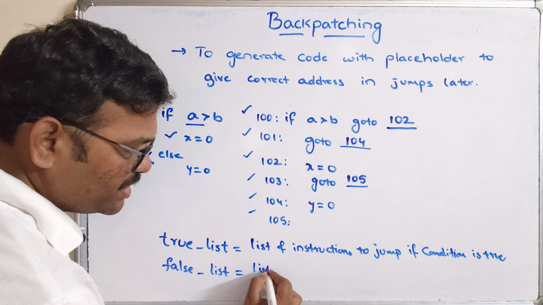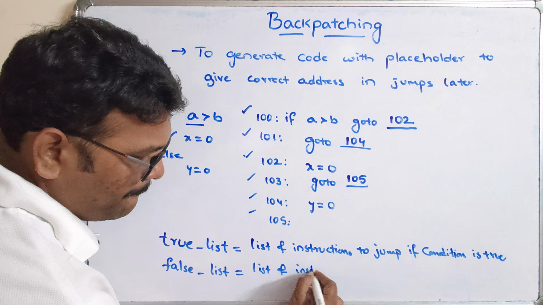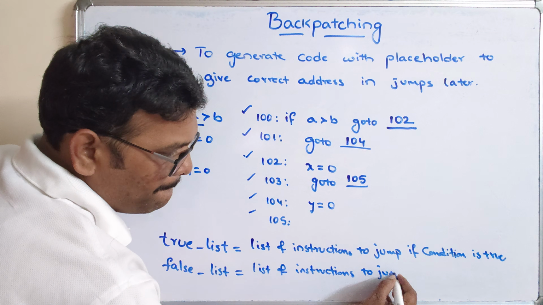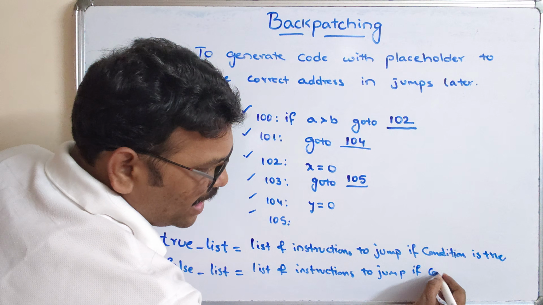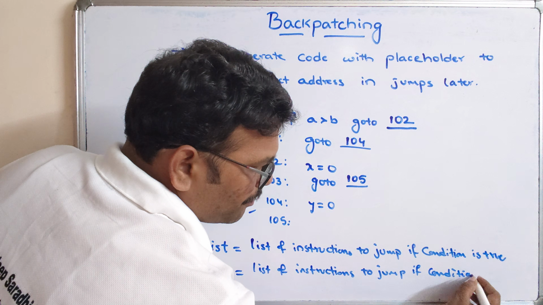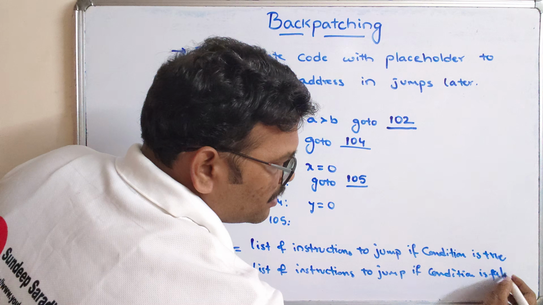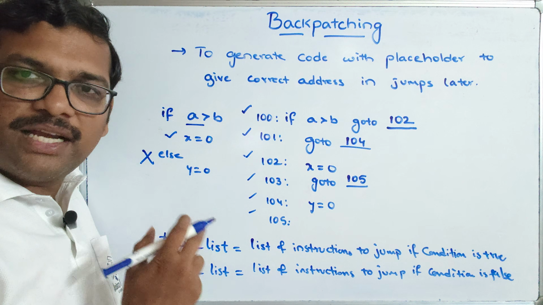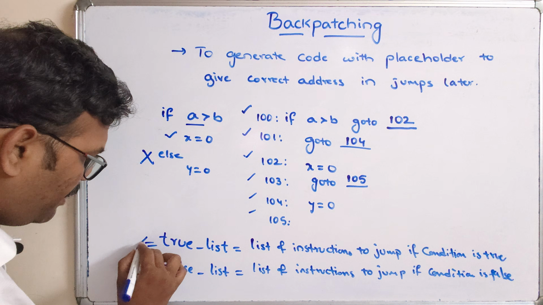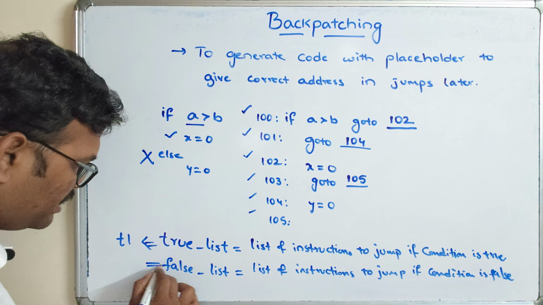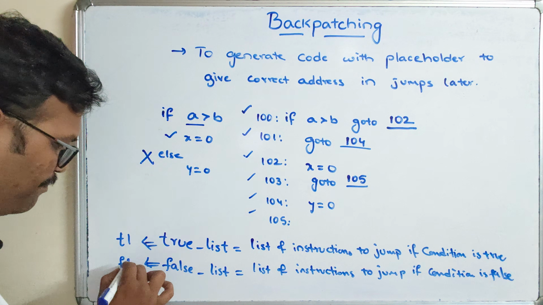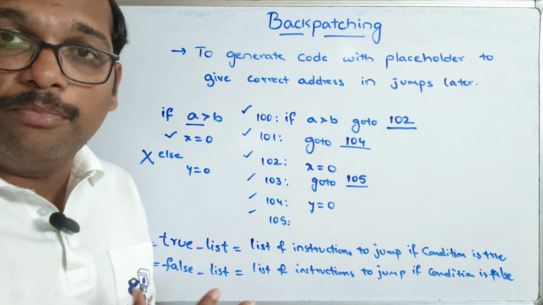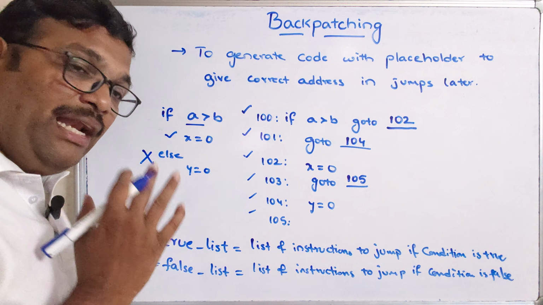And this is a list of instructions to jump if the condition is false. So for every expression, it will be maintaining two lists. One is a true list and one is a false list. This will be represented as TL and this will be represented as FL. For every Boolean expression, there will be TL and FL.